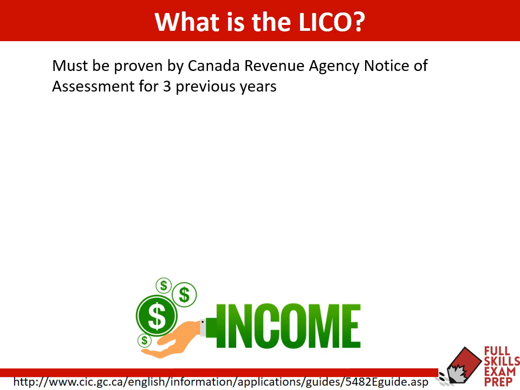And then the not so basic part is over here. So with parents and grandparents, it's a little bit different than sponsoring someone else, in that a person has to prove his or her income for the 3 previous years. And now this has to be proven through his taxes, basically, so his notice of assessment from the CRA.